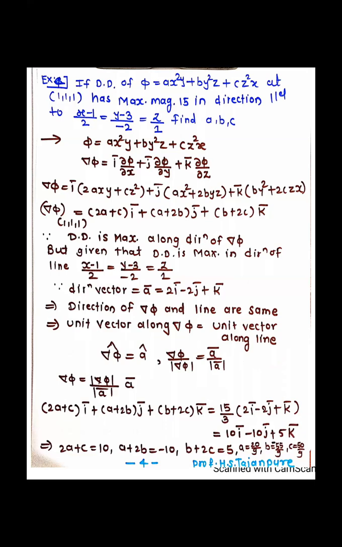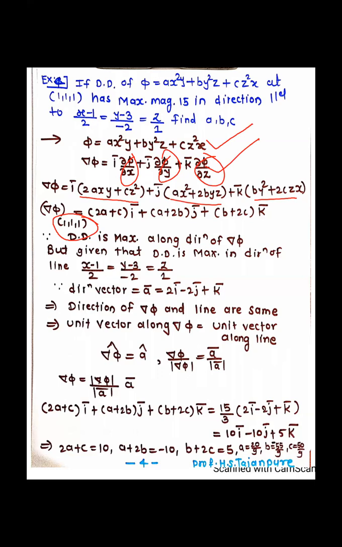So again, start with the example. That is the first step: phi, then del phi. Substitute these values, phi with respect to x, with respect to y, and with respect to z. Just take the derivatives, substitute the values, and then put the point 1, 1, 1, that is x1, y1, z1.